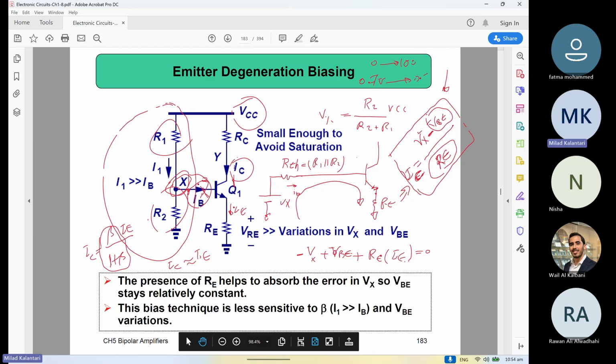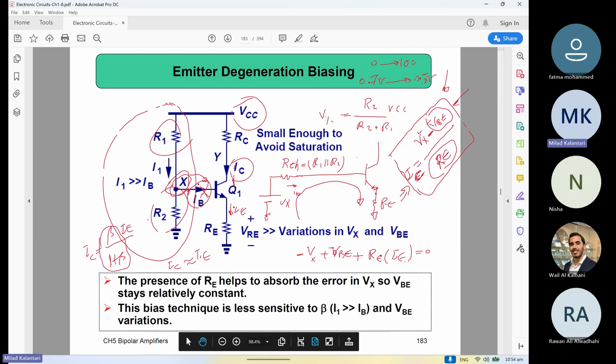To 0.5 volt, for example, right? So how will the IC change? It gets higher.